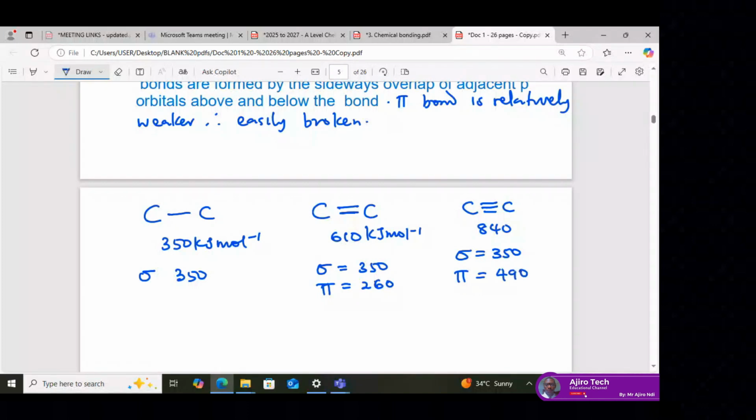And there are two of them, so over 2, the answer is 245 kilojoule. Can you see? I'm just saying that pi bonds are weaker than sigma bonds, and the more pi bonds you form, the weaker they become.